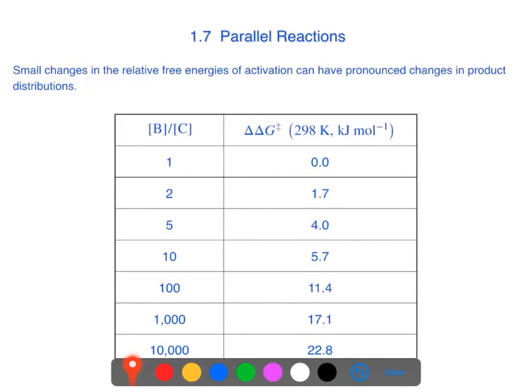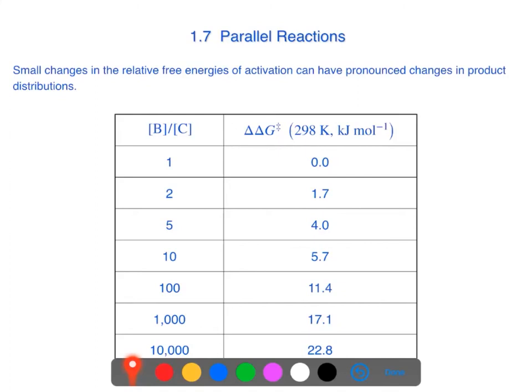And we see that increases even further as that delta delta G double dagger increases. So if we have a 4 kilojoule per mole difference in the delta delta free energy of activation, then we see a 5-fold difference in the product distribution, and so on. So again, small changes in these free energies of activation have pronounced changes in the product distributions.